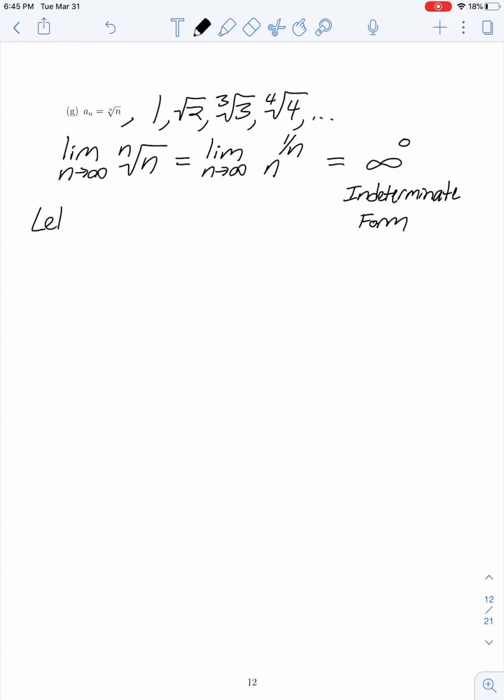If we think back to Calculus 1, the way that we handle this type of indeterminate form is by making use of a logarithm.